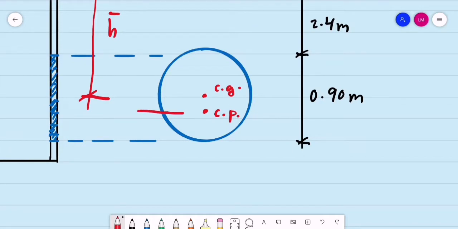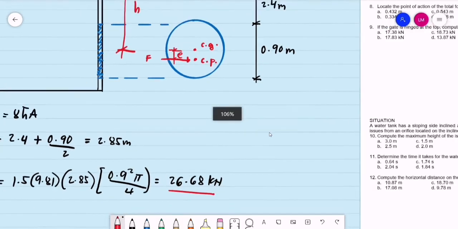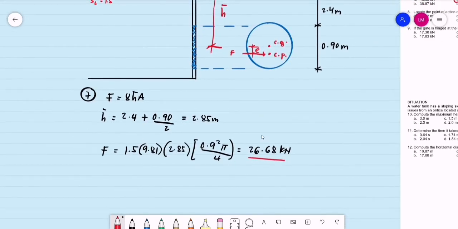So, nandito yung point of action. Okay, the point of action of the total force. That is at a distance E from the center of gravity. So, kailangan lang natin kunin yung eccentricity. Okay, that is for question number 8.